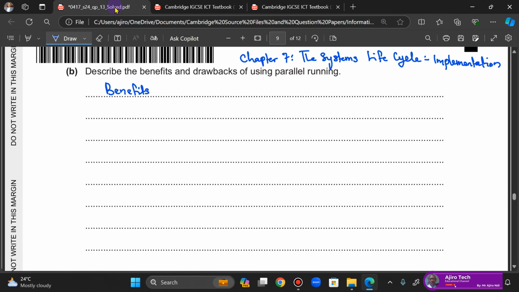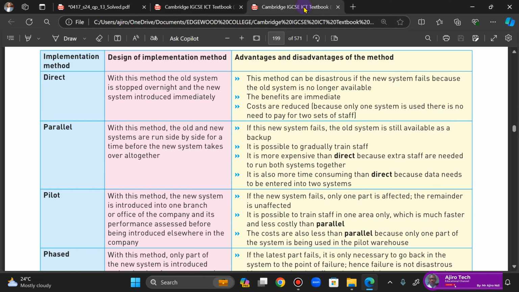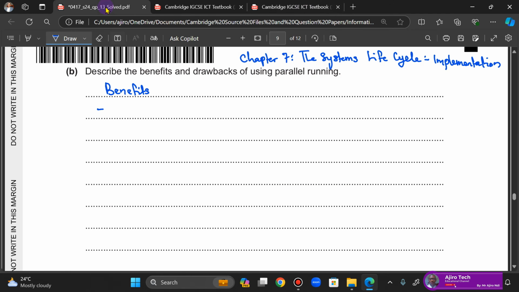So let's talk about the benefits. Here we have, it is possible to gradually train staff. So in this, training is gradual.